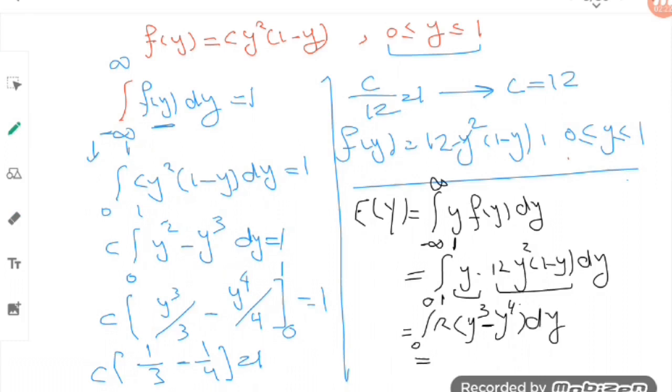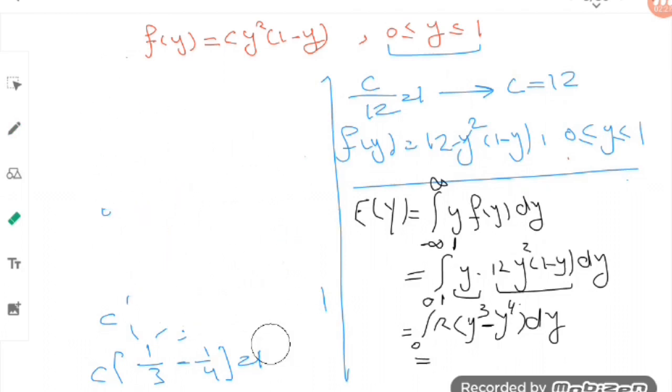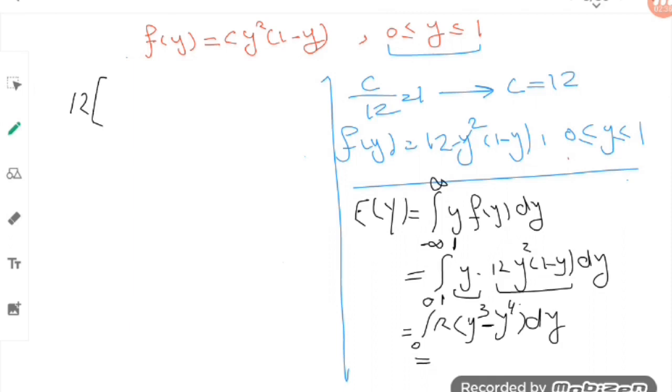Let's move to the left side to continue solving the question. This will be 12 times the integration of y to the power 3, which is y to the power 4 divided by 4, minus y to the power 4, which will be y to the power 5 divided by 5. And then we'll substitute from 0 to 1.